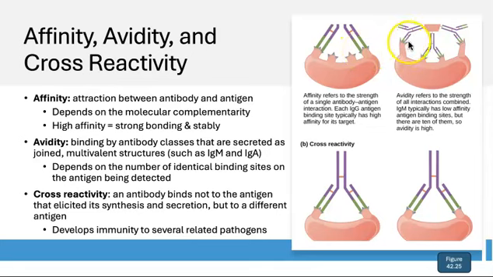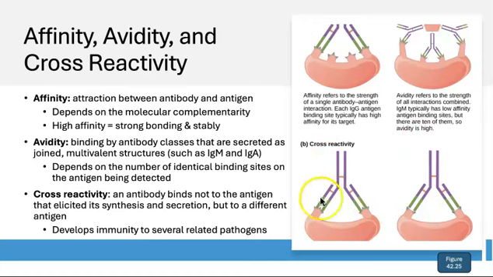Next is avidity, and this is the binding of those antibody classes that are secreted as joined multivalent structures. So this works best with IgM, which is pictured over here, and you can see that we've got the multiple antibodies attaching, and IgA because it is a dimer. So it does depend on the number of identical binding sites and the antigen that is detected.